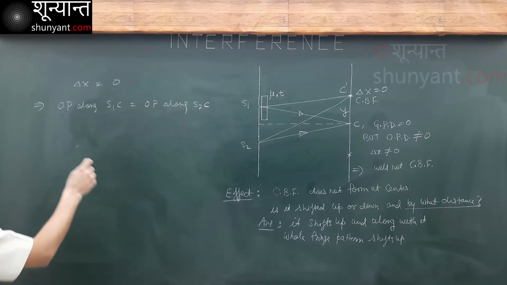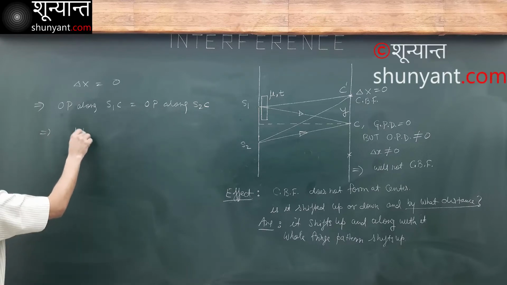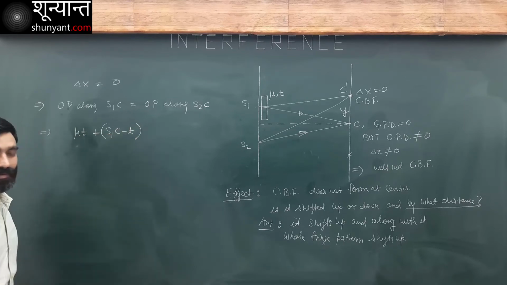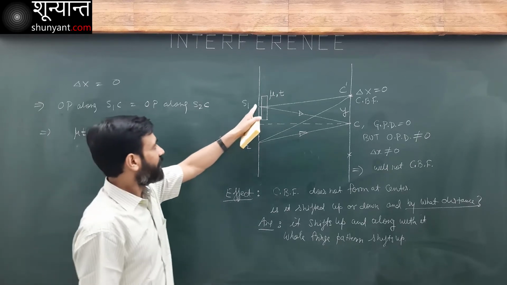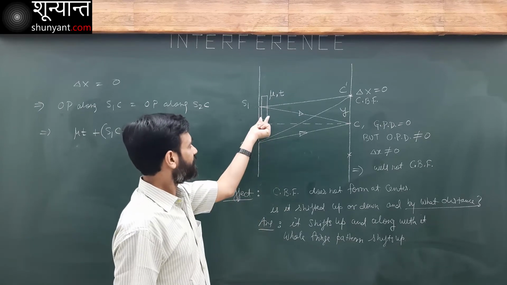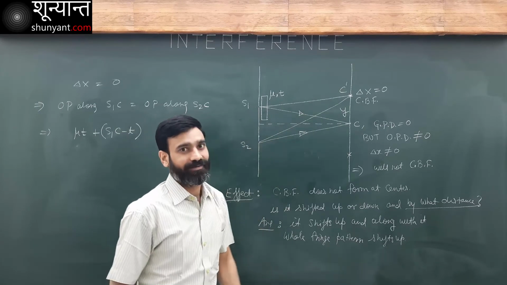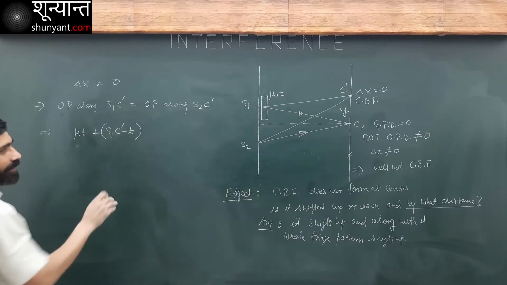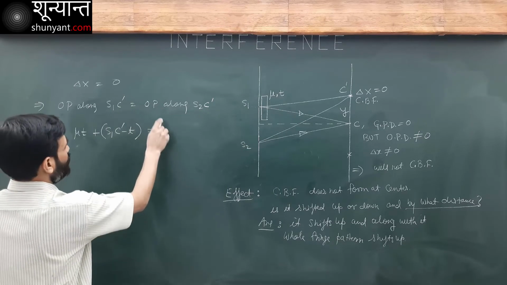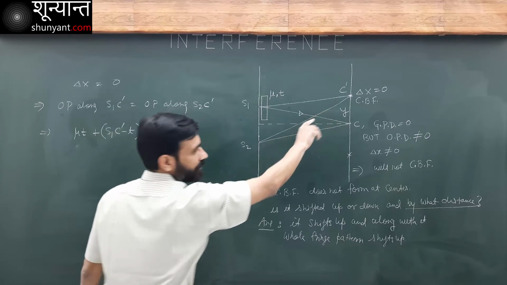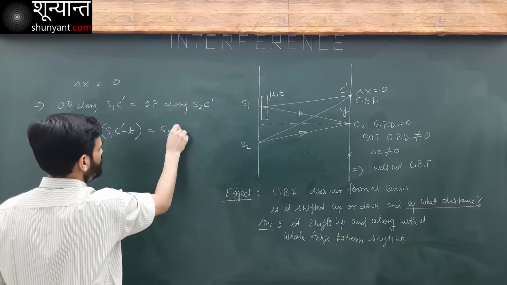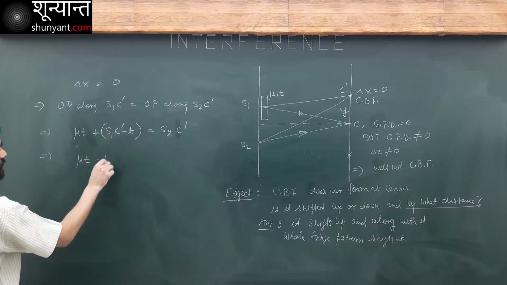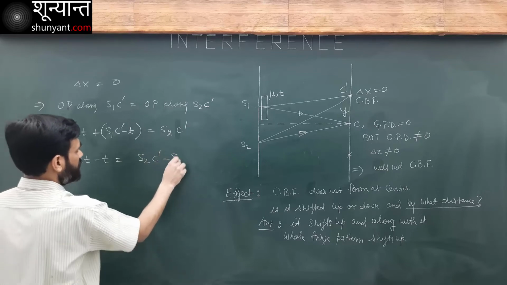Along S1C, it is equal to mu times T plus S1C' minus T. Along this path S1C, the light travels some distance in this medium, remaining in air. Along S2C, this whole thing is traveled in air, so it is simply equal to S2C'. Now, mu T minus T is S2C' minus S1C'.